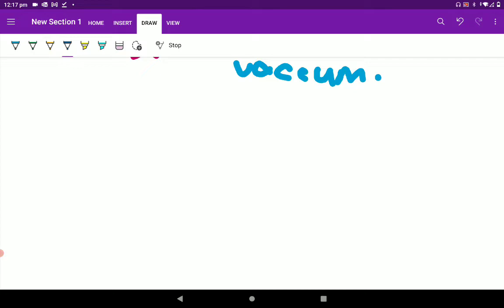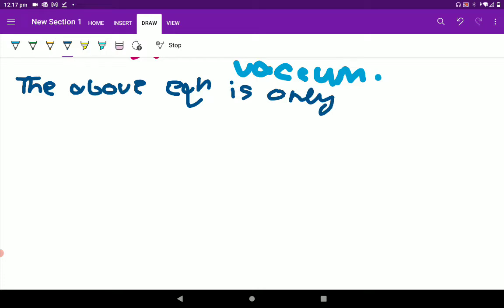So the above equation is only valid for an isotropic system.